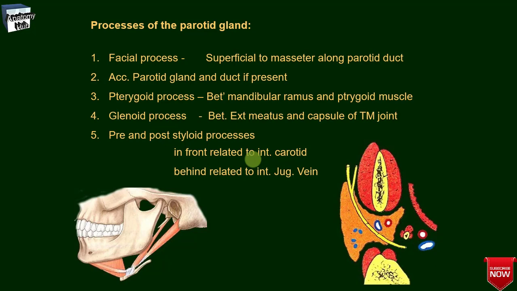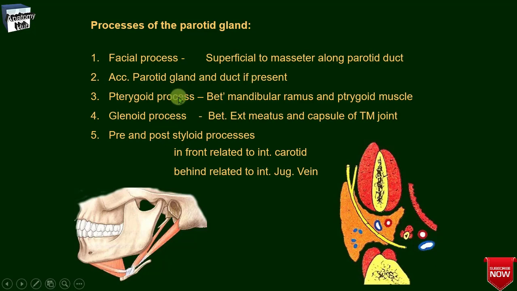So the various processes of the parotid gland that you can see here. One will find the facial process that is superficial to the masseter along the parotid duct, and you will find the accessory parotid gland and duct if it is present.